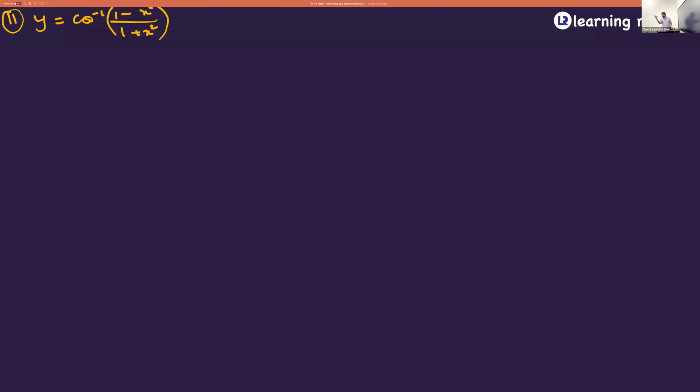Only thing is, if you don't remember it as a property, you are still allowed to substitute and solve. So here, what is the substitution you are doing? You're trying to simplify this expression by substituting x is equal to tan theta.